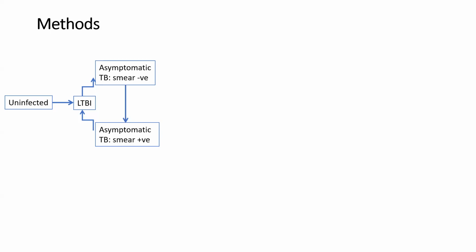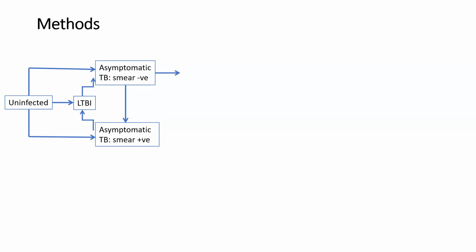Individuals from asymptomatic TB smear negative can also transition to symptomatic smear positive TB. Also, uninfected individuals can go directly to either asymptomatic TB with a smear positive or asymptomatic TB with a smear negative.